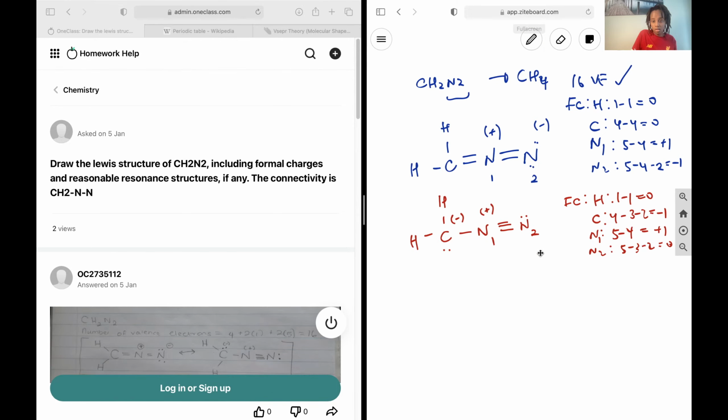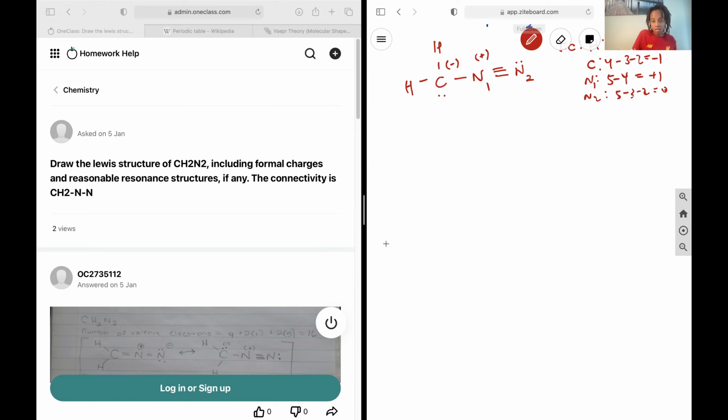So our 2 structures are going to be these 2.